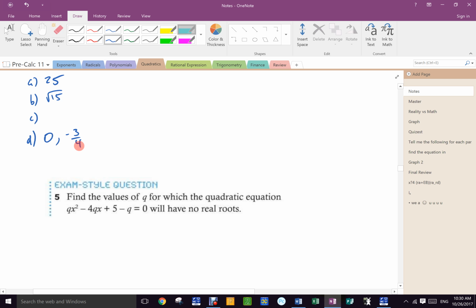C is B squared, which is 4k squared, minus 4 times 3 times 4k squared minus 60.